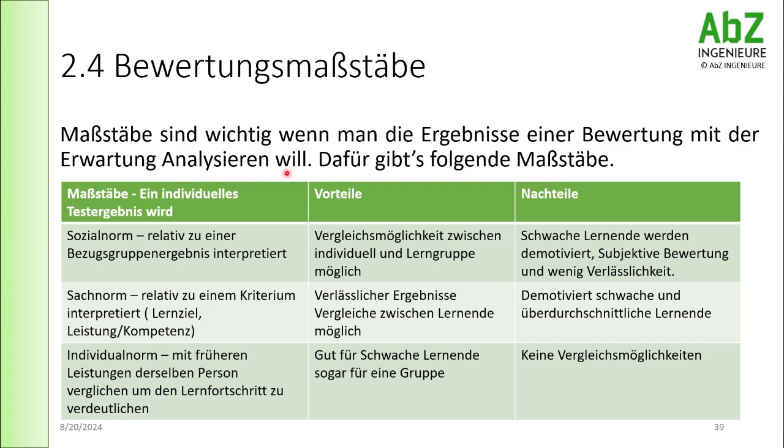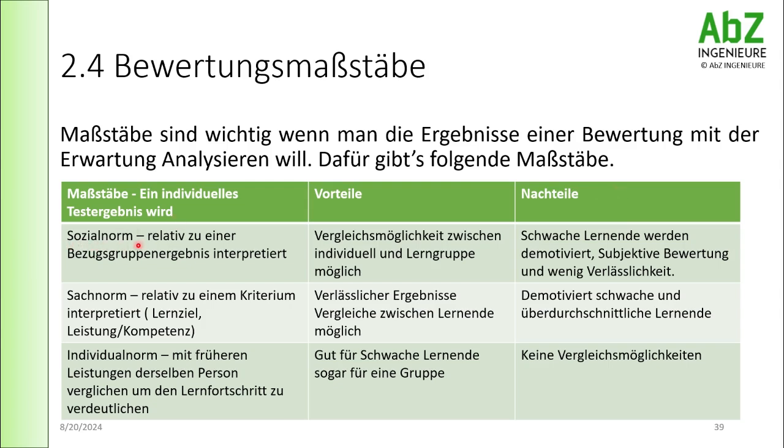So basically you have measured something and you got a result, and what exactly is that result going to tell you? Like, what did you expect and what came out as a result? So for that you need some criteria to match up. That's what Maßstäbe is all about. So on the left you have the Maßstäbe, on the right you have the advantages and disadvantages.